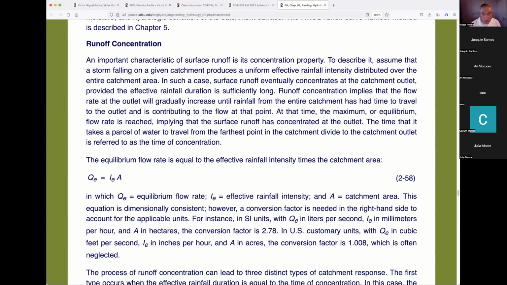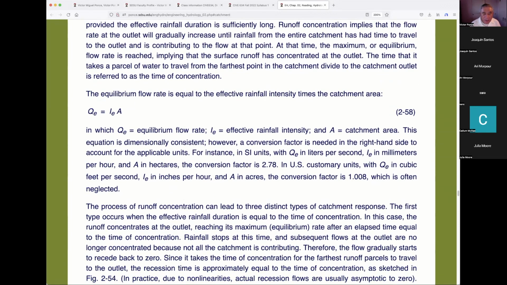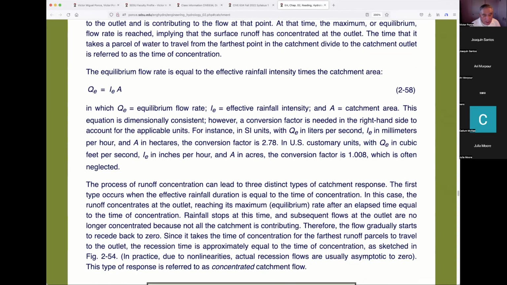There's only one, and there will always be one. So it's got to be physical. I times A. And that's the basis of the so-called rational method. The only difference between this formula and the rational method is that instead of putting I sub E in here, the rational method has CI, where CI is equal to I sub E. That's all. So that becomes then a rational method.